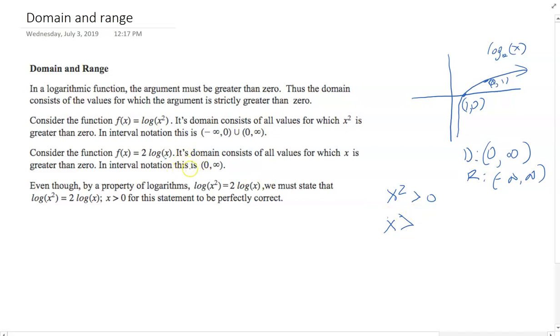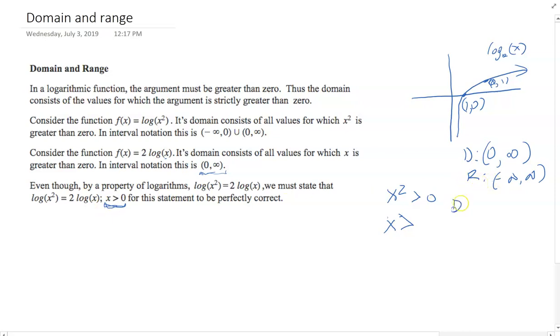So the interval notation is 0 to positive infinity. So then log of x squared equals 2 log x. For this statement to be correct, we have to qualify it by saying that x occurs where x is greater than 0.